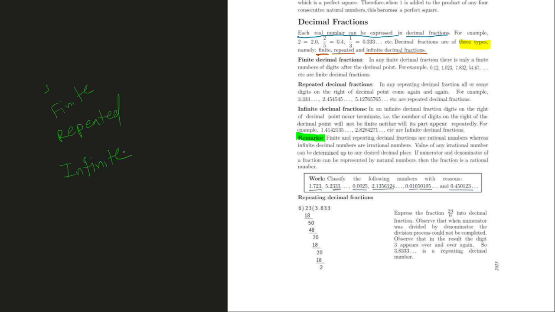Okay. So basically, there are these 3 types they're talking about over here. Again, they have defined those finite decimal fraction, repeated, and infinite decimal.